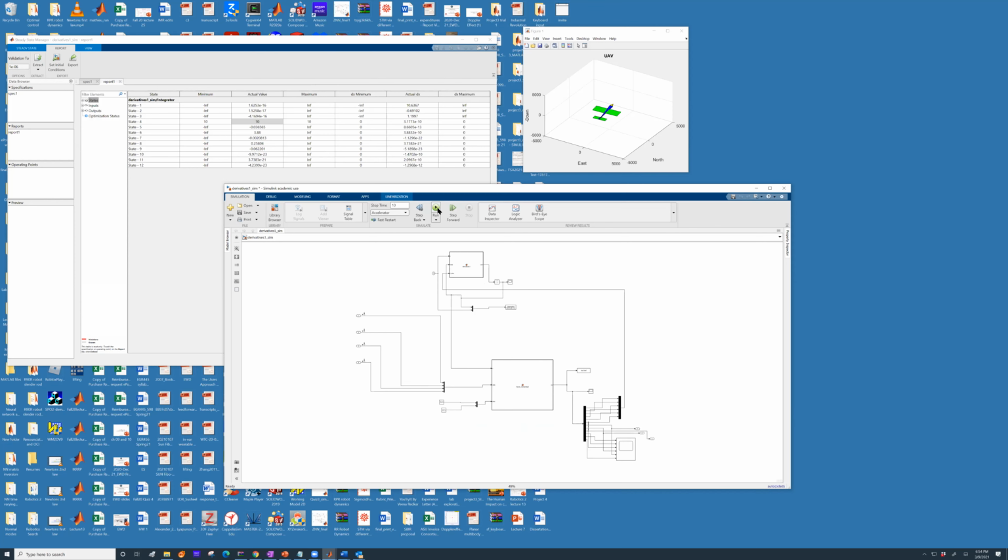So let's see. Now what I'm going to do is click and then observe what happens to this airframe. And this animation will be different than the initial animation that you ran.